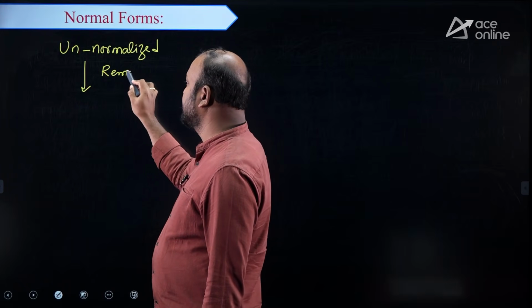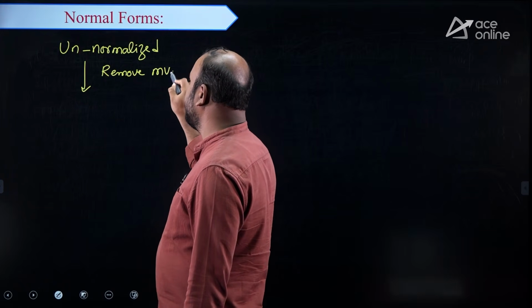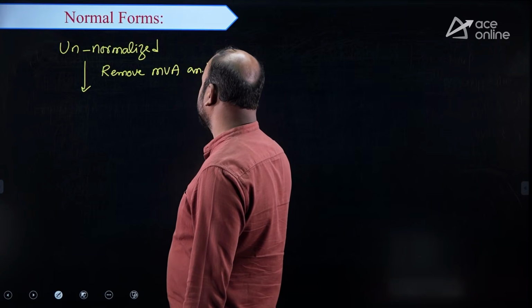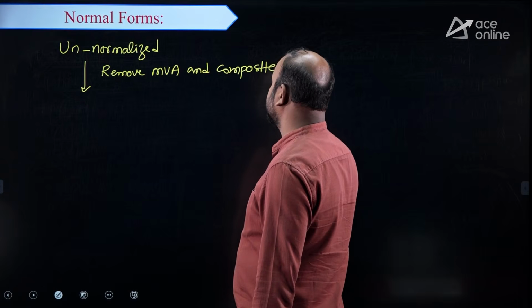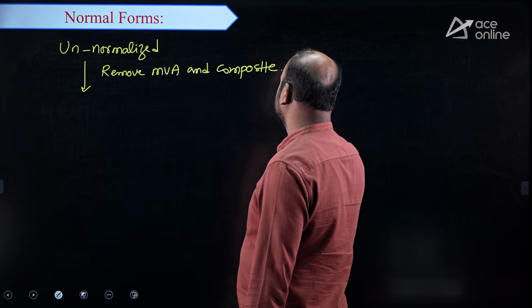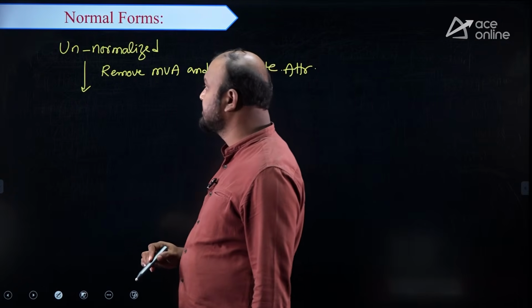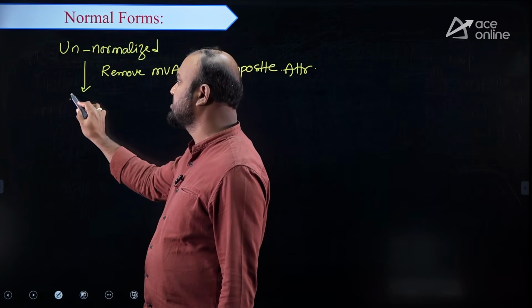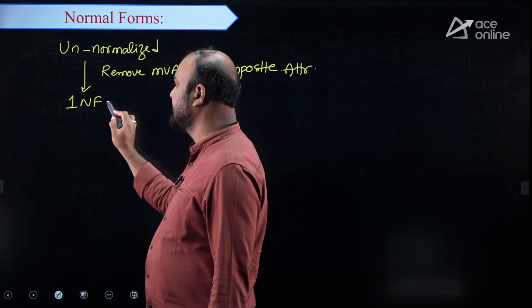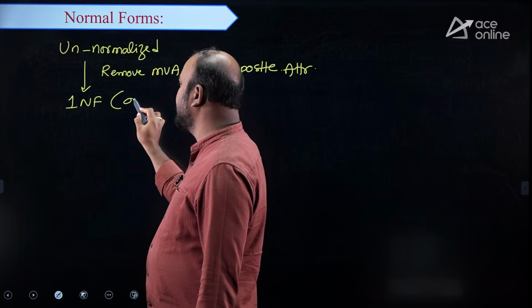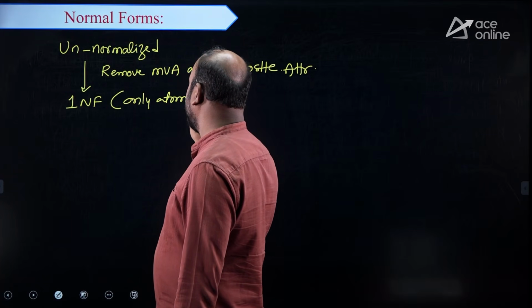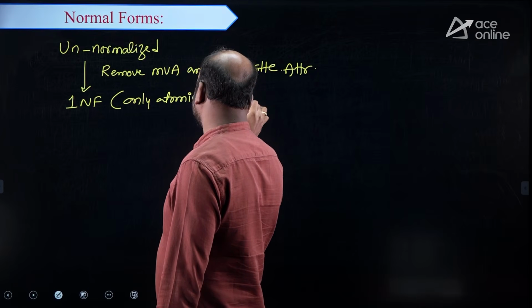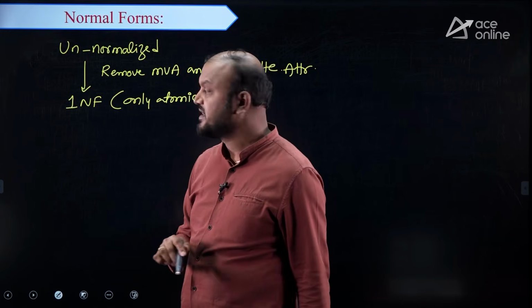If we remove multi-valued attributes and composite attributes, we can say the relation is normalized and we call it 1NF. What does 1NF allow? Only atomic values. Only atomic values are there in 1NF.